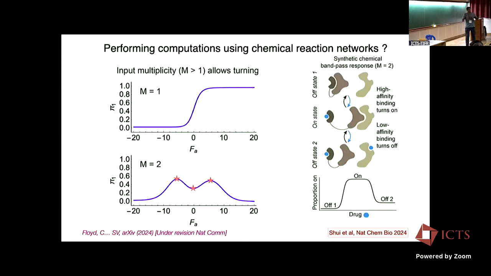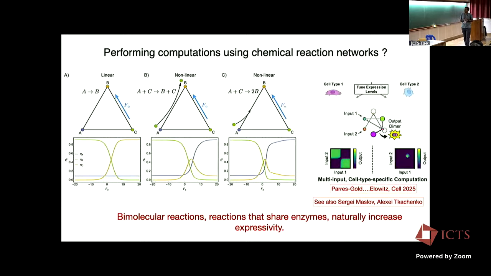And if you do that, you start to get these band pass filters, and that's what we would predict in our minimalist caricature. But this is something that you can also use as a design problem.